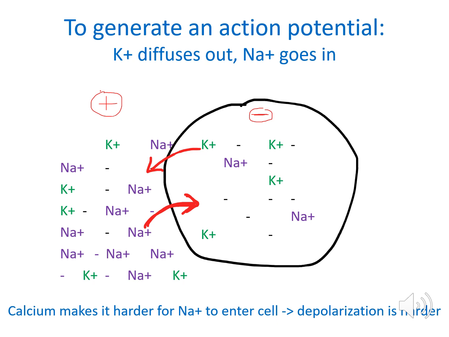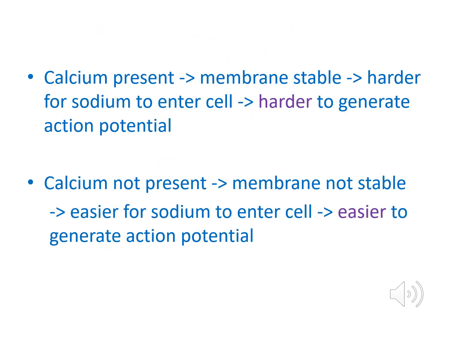Okay? Calcium is the membrane stabilizer, right? It makes the membrane very stable. In other words, it's hard for sodium to enter the cell and depolarize it. On the other hand, if calcium is not present, then the membrane is not very stable. It's easy for sodium to cross into the cell and therefore easier to generate an action potential.